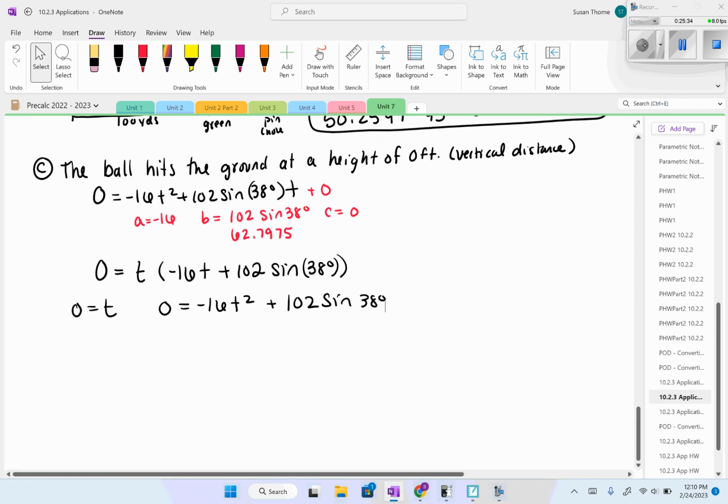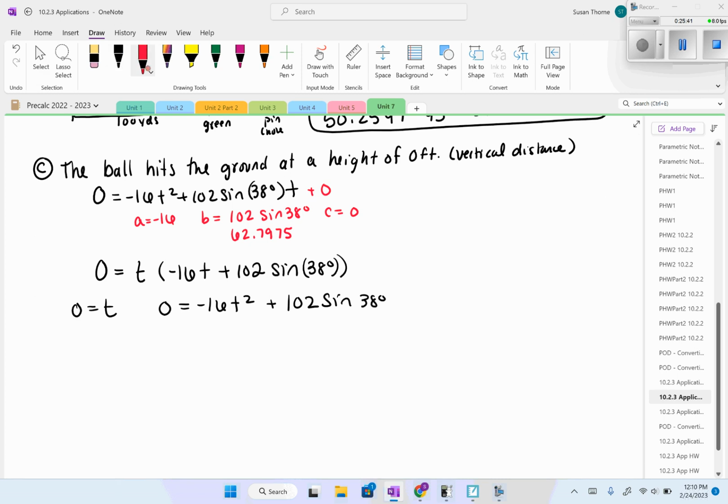It's not squared, sorry, I don't know why I put the square there. So if I solve, I just subtract the 102 sine 38 to the other side, and to solve for t, I divide by negative 16.